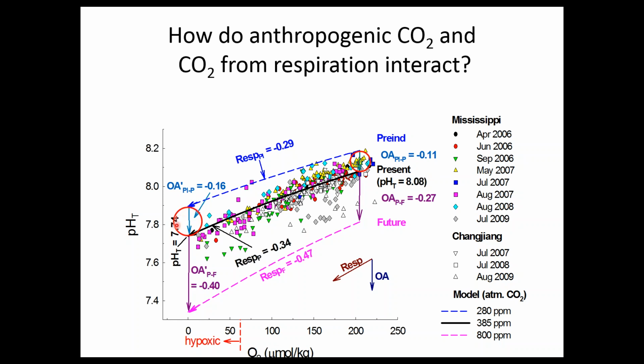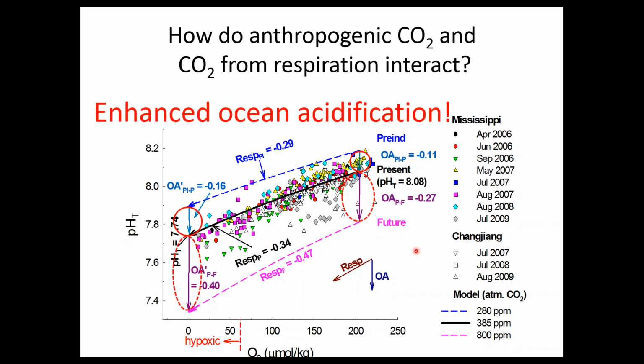Actually, this means the ocean acidification that we predict for the open ocean surface water by the end of this century is already occurring in the bottom water of the Gulf of Mexico, and we can predict that in the future you will have a much larger ocean acidification signal than in the oxic, low CO2 water.